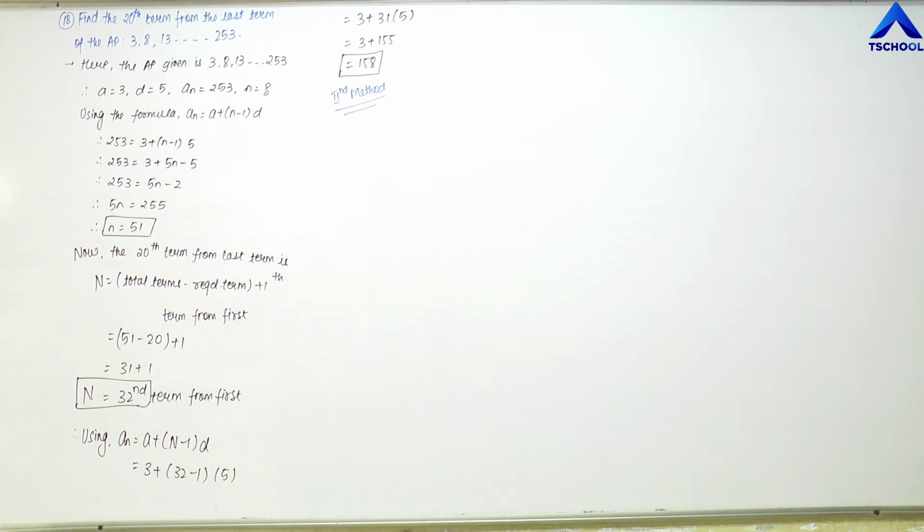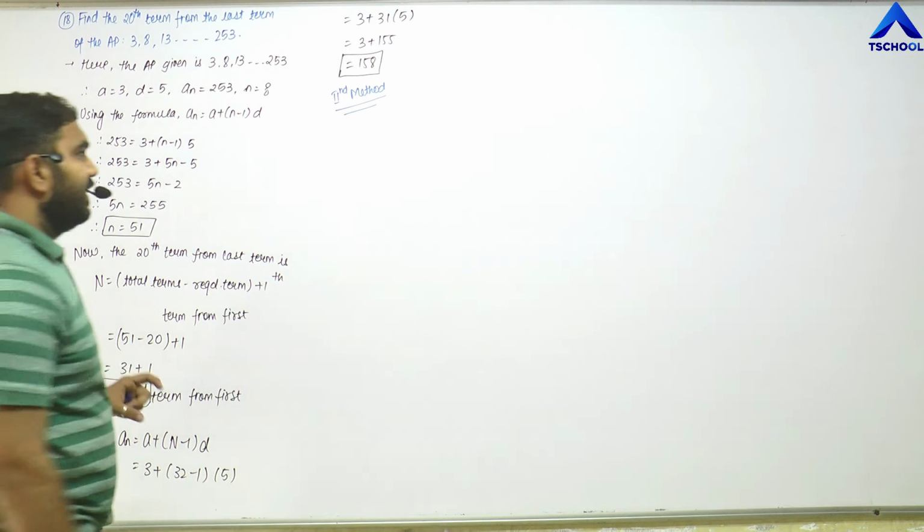What we shall do is, we shall simply reverse the AP. Reversing the AP will not change the order of terms, but the common difference is reversed. So here the common difference was 5, now the common difference will become minus 5.